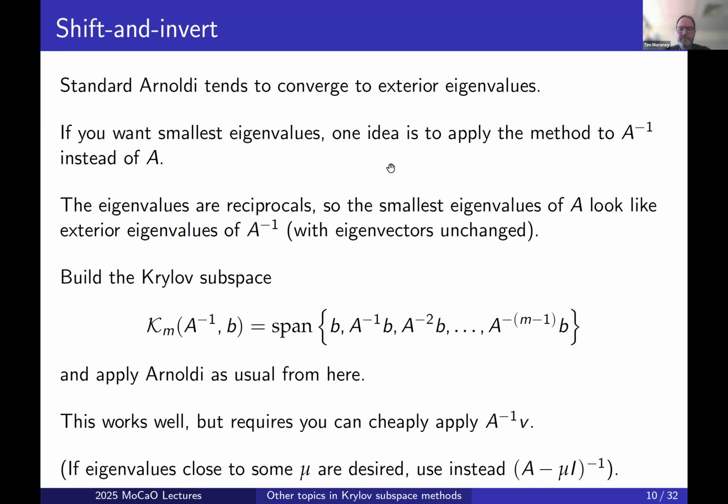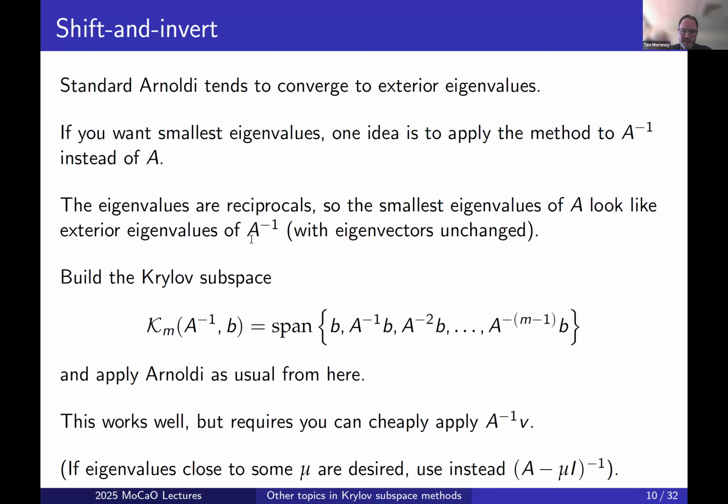And in fact, we are going to want that at a point today. So look, one idea is just to apply the method to A inverse instead of A, all right? And this is true even if we went right back and used the power method. The power method wants to converge to the dominant eigenvalue. If you don't want that, if you want the smallest one, well, the smallest eigenvalue of A looks like the exterior eigenvalue of A inverse, or the dominant, if you're just looking at the very smallest.